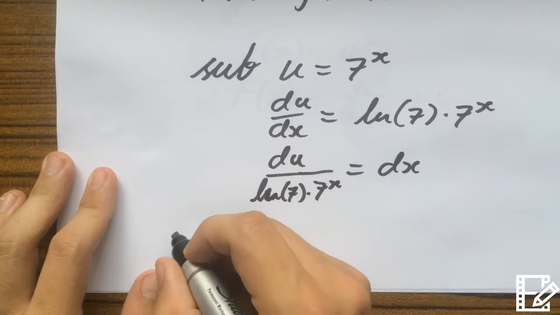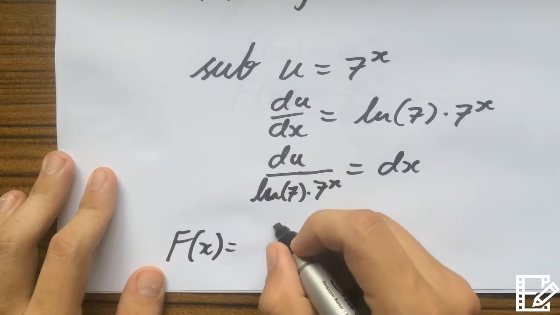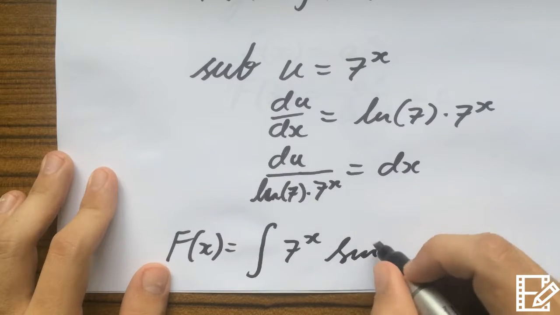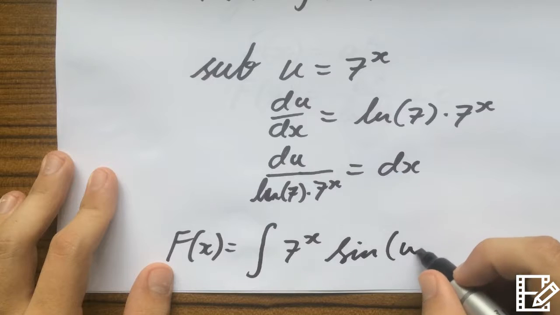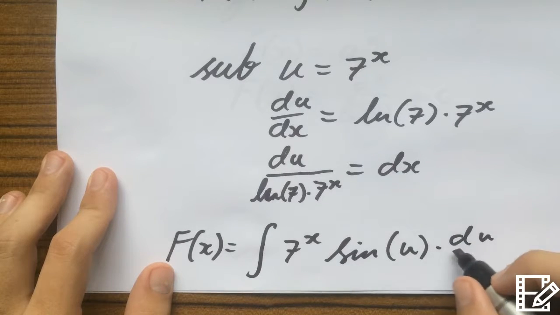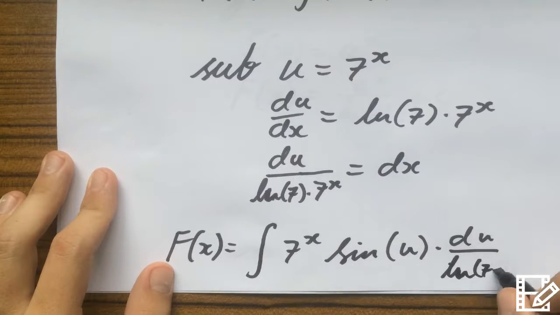And if we rewrite this, we get 7 to the power of x sine u du over ln of 7 multiplied by 7 to the power of x.